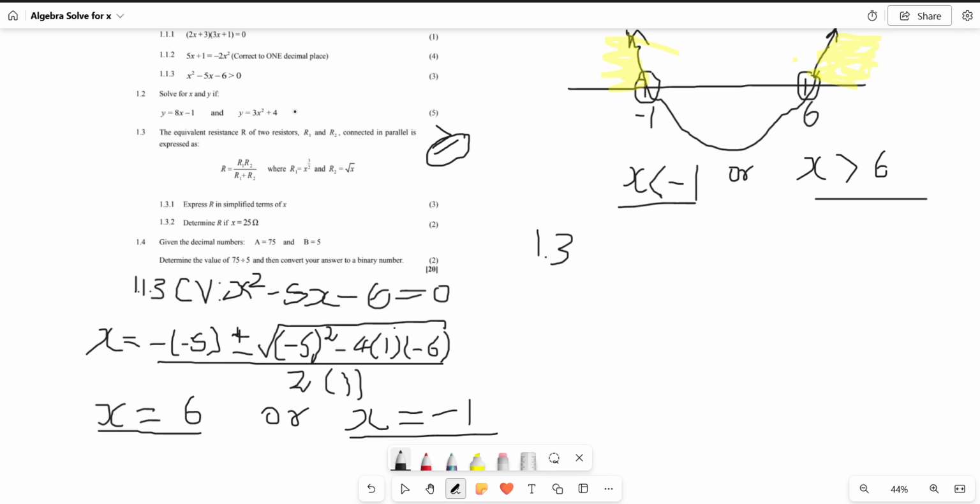This one is our quadratic equation. If you don't know how I came to that, please check my first video on algebra, solve for x. Now, we see that in both of the equations, the examiner has already made y the subject of the formula. Since that is the case, we are going to substitute.